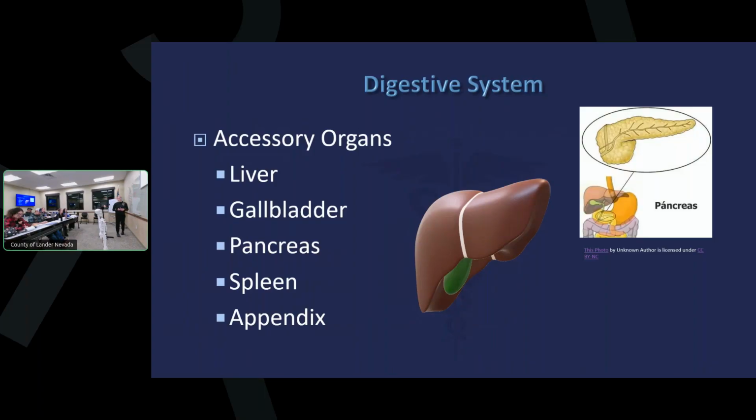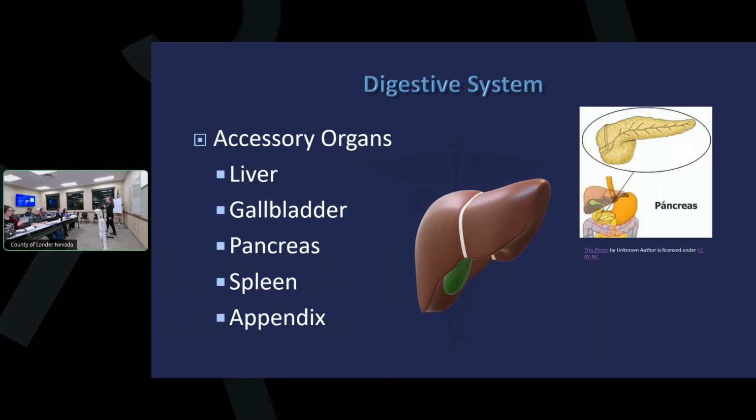So we have our liver. It's a big organ. Which quadrant does the liver sit in? Right upper. Our gallbladder sits a little bit tucked up under there. And our pancreas, does anybody know what illness or disease? Diabetes. Yes, thank you.